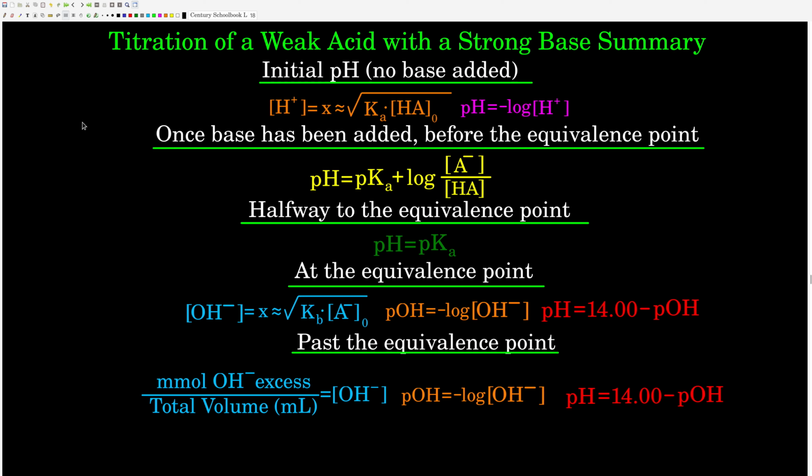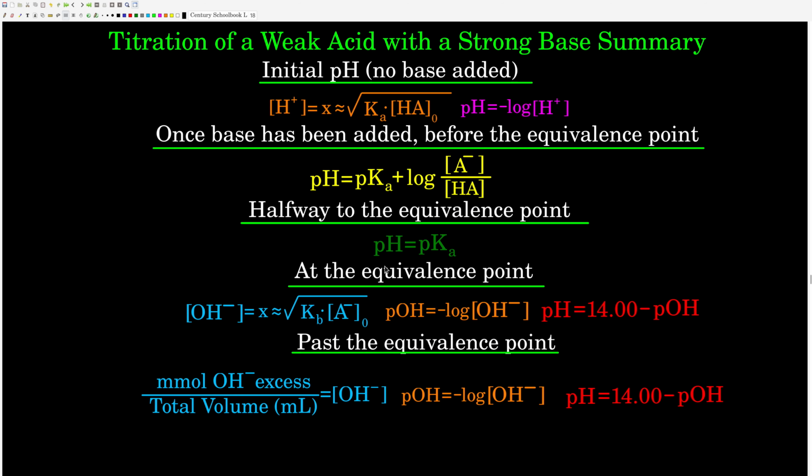Okay, so if it's initial and it's a weak acid that we're starting out with and we're adding a strong base, then the pH is just negative log of the hydrogen ion concentration, which is just the square root of Ka times the concentration of the weak acid. Once we've started adding the base, up to but before the equivalence point, it's just the Henderson-Hasselbalch. Halfway to the equivalence point, pH equals pKa, real easy.